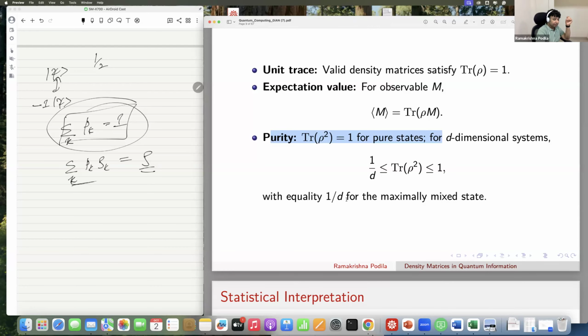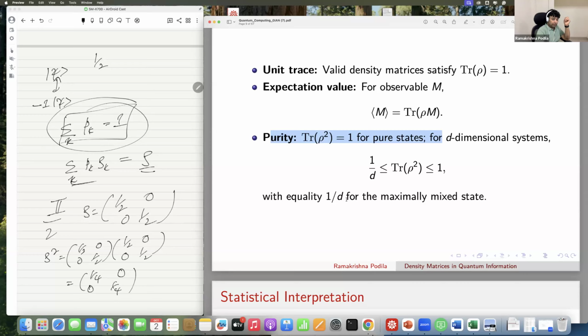So in the previous case, when we got identity by 2, that looks like 1, 0, 0, 1 by 2. This is rho. If I do rho square, I multiply half, 0, 0, half again, so you end up getting 1 by 4, 0, 0, 1 by 4.